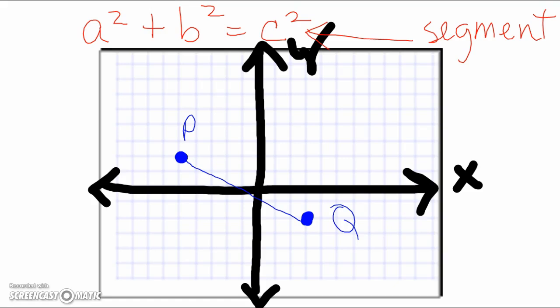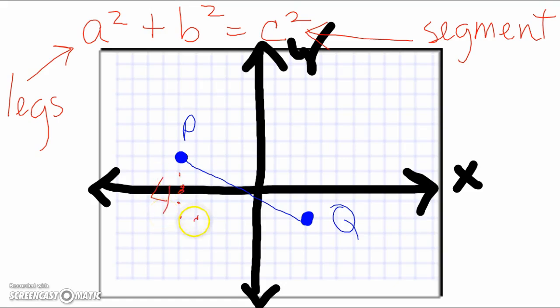And we're going to use a vertical count and a horizontal count to represent the legs in this portion of this formula. And we're going to count off the graph. So if your line segment is on the graph, you simply do this. Use your imagination, and I want you to see a right triangle. That happens as I'm counting the spaces, going straight down from P, and I came down 1, 2, 3, 4 spaces.